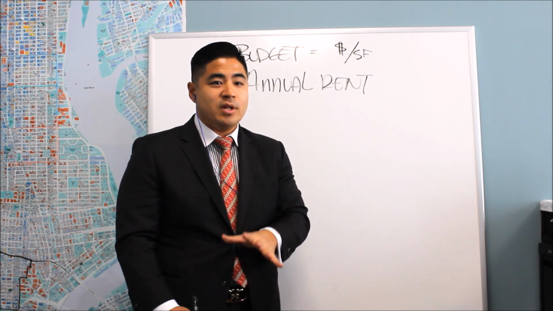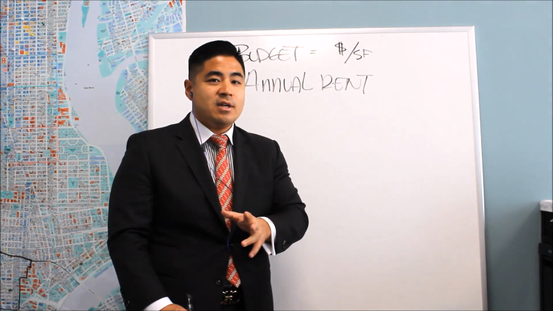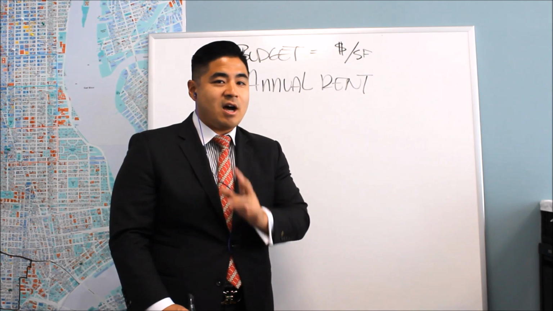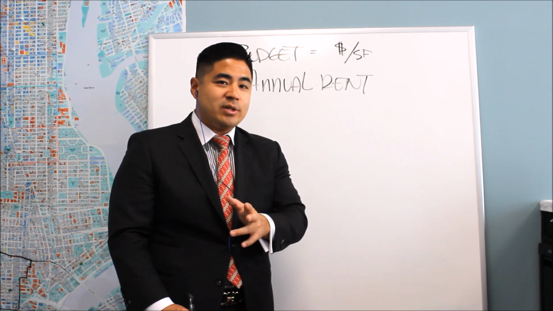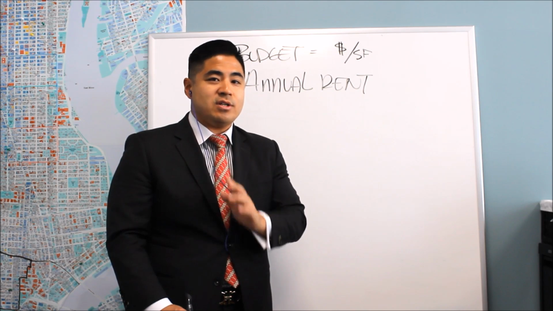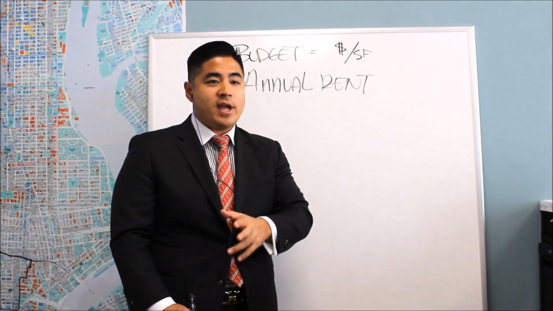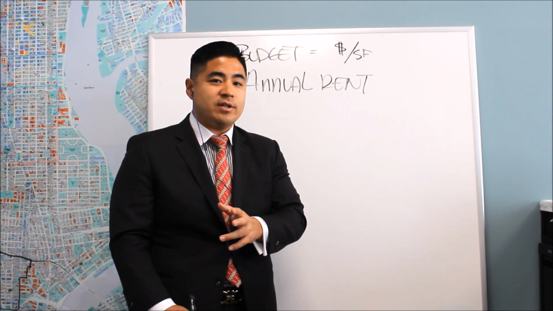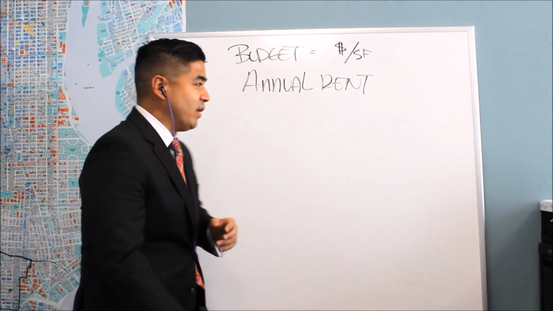So for example, if you have a monthly budget of $10,000, annually you have a $120,000 rental budget. And that means for a 2,000 square foot space, your budget is $60 per foot.